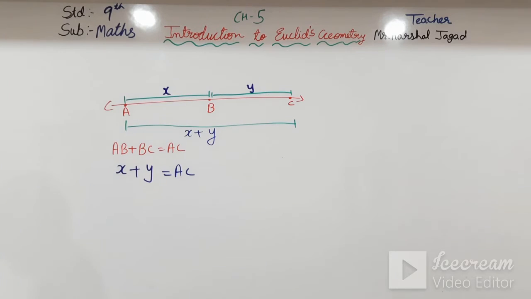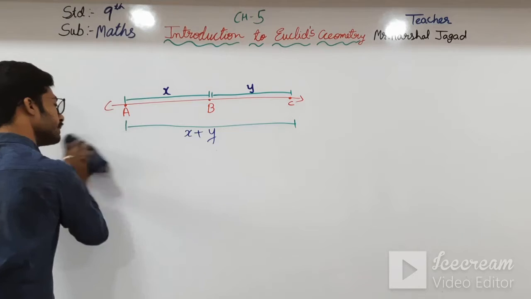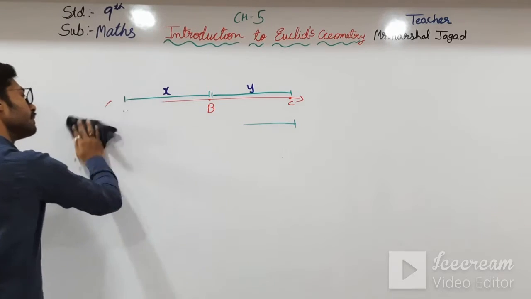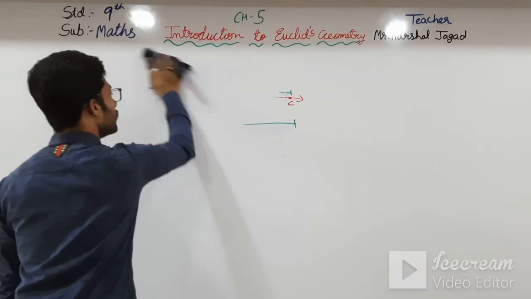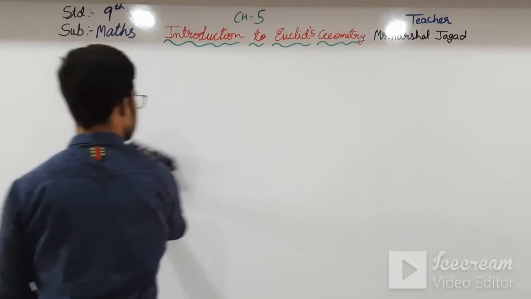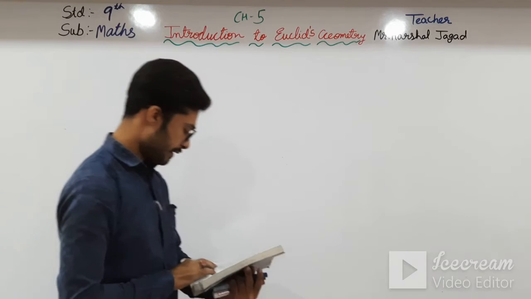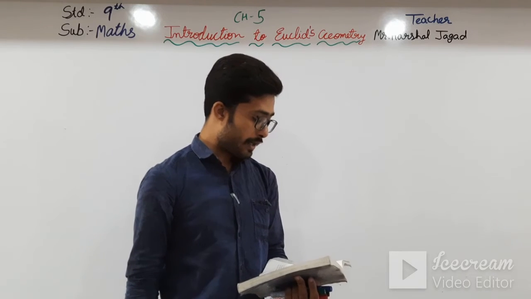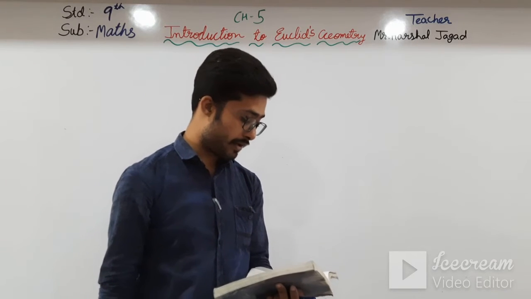Okay, students, moving further, another example is given. Example number 2. See here, what they are trying to say is: prove that an equilateral triangle can be constructed on any given line segment.